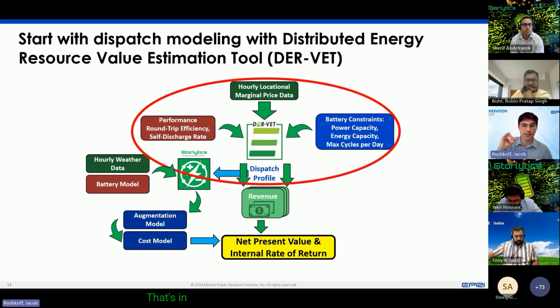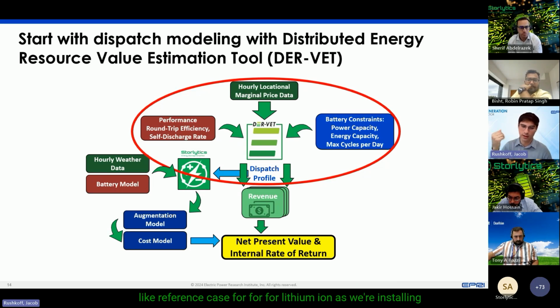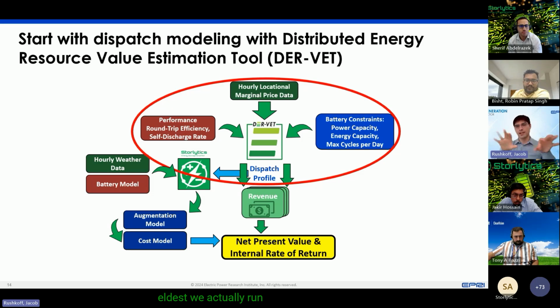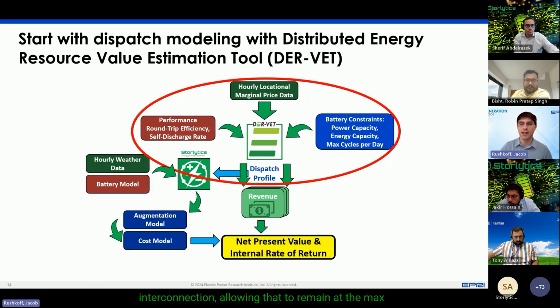That's in the case where we're just looking at the 4-hour reference case for lithium ion. As we're installing LDES, we actually run these as 2 separate models, and we just ensure that the POI is accepting that total capacity. When I say POI, I mean the point of interconnection, allowing that to remain at the max export.